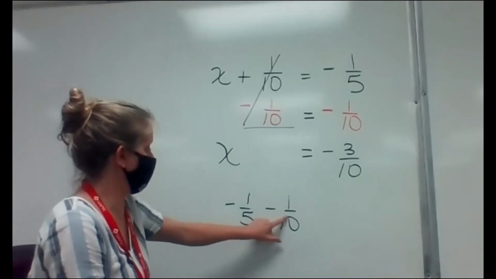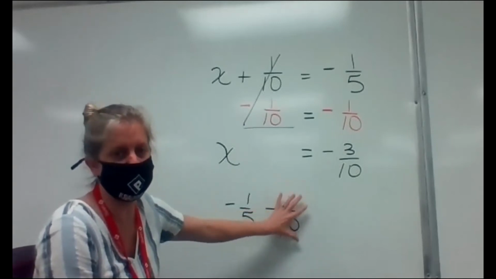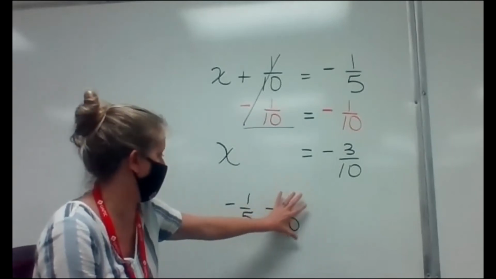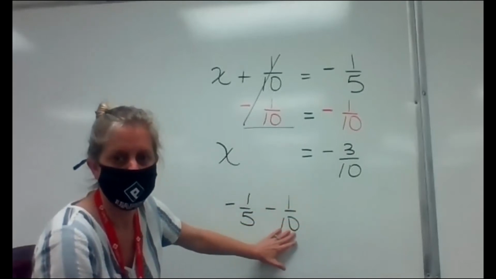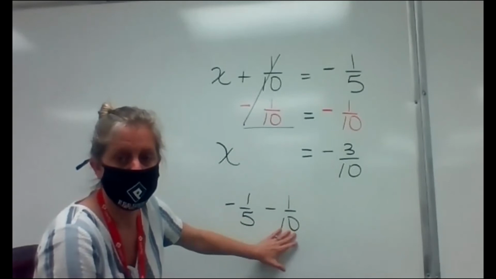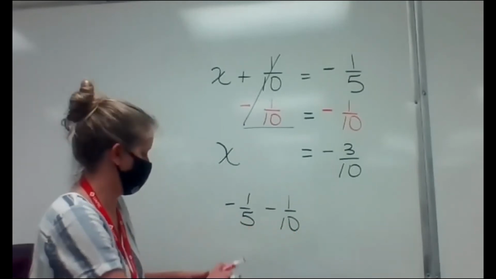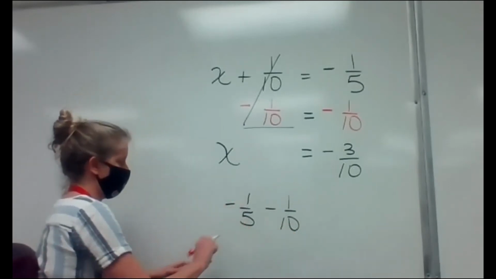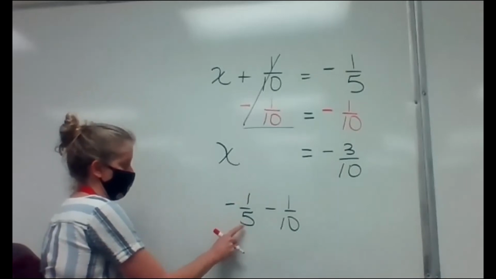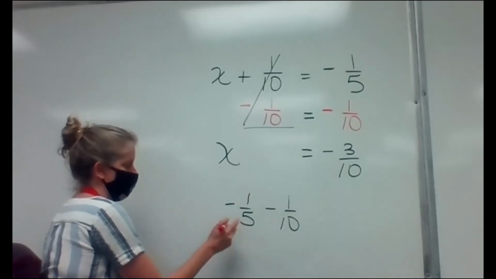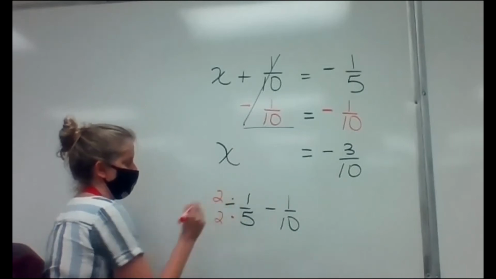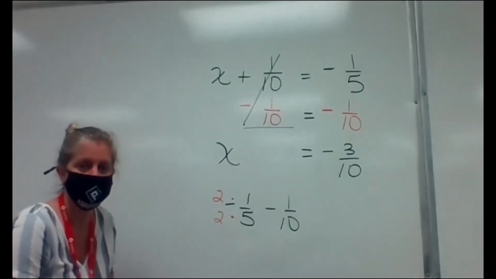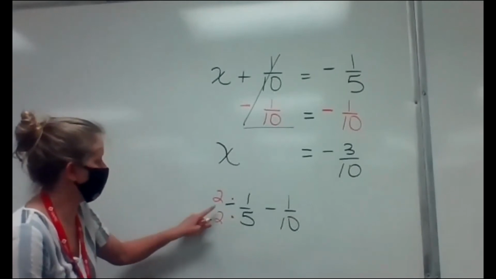So this one is good. It already is a 10, which means I don't even need to mess with that fraction. I want it to be a 10. So here, how do I turn this 5 into a 10? Multiply it times 2. If I do it on top, I have to do it on bottom. So what does this turn into?